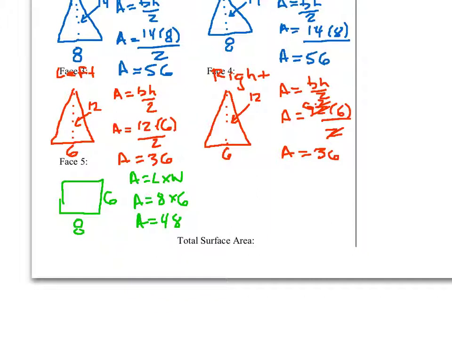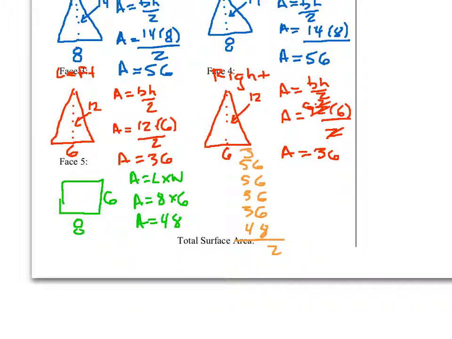But we've still got one thing left to do if we want to find the total surface area. Add everything. Let's add it all up. Let's see, 56, 56, 36, 36, 48. 6 plus 6 is 12, plus 6 is 18, plus 6 is 24, plus 8 is 32.